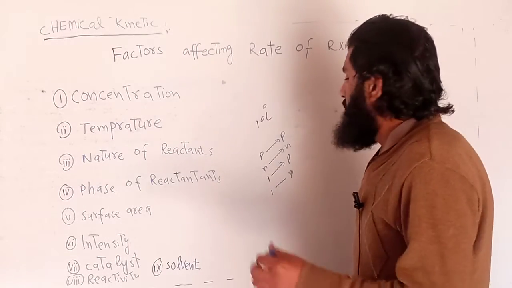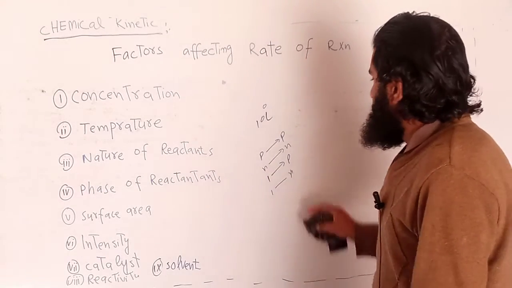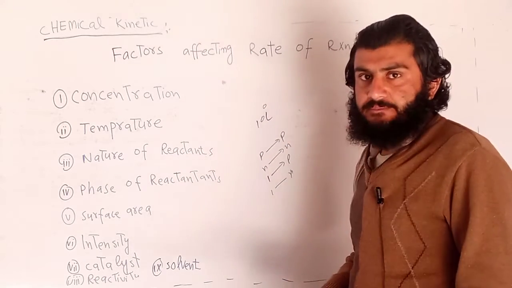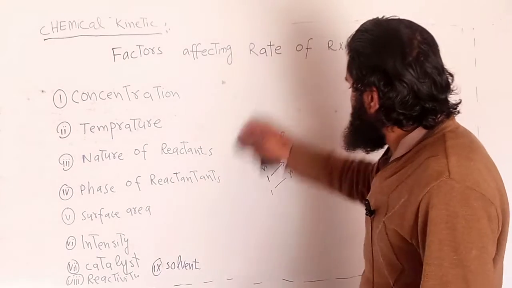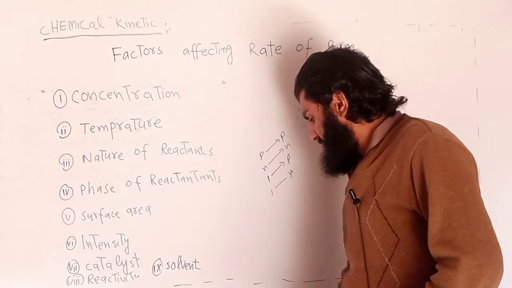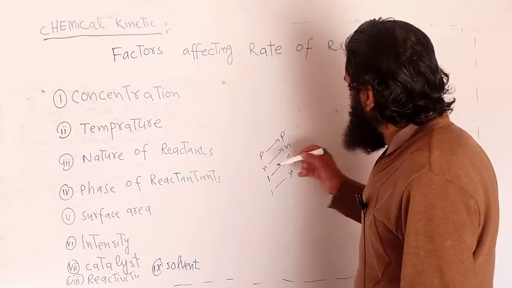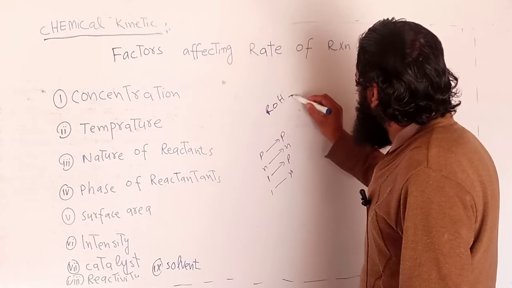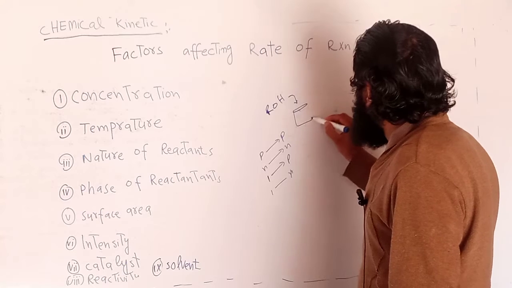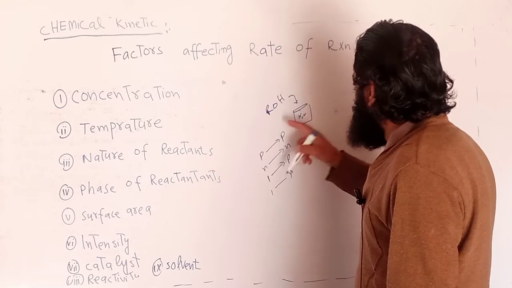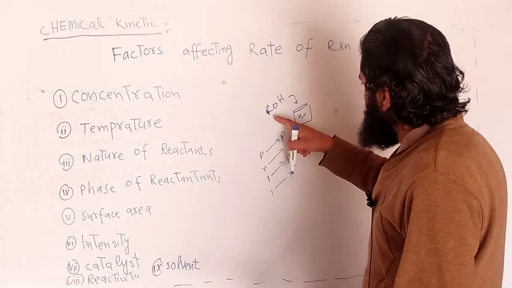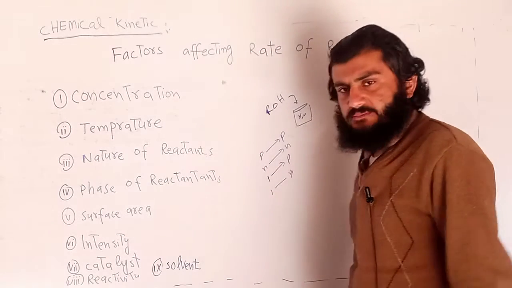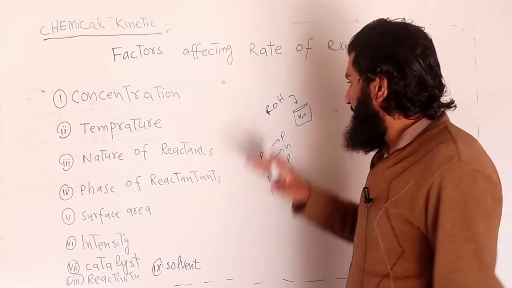Clear? So, if we dissolve polar in polar, the rate of reaction will be high. For example, if we take alcohol and dissolve it in water, the alcohol will dissolve in water very fast.